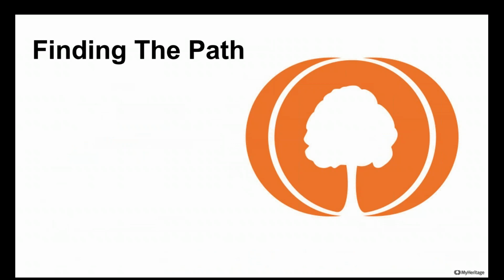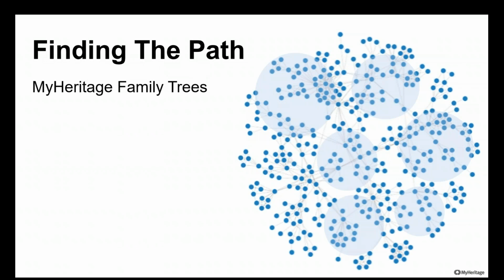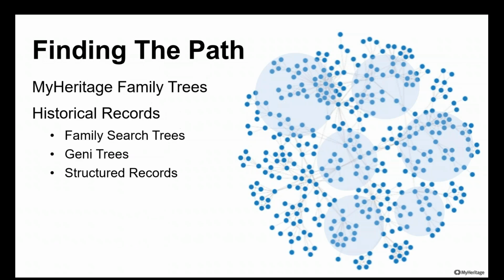How does it work? How does MyHeritage find the path between those two matches? Well, we take the big tree, all the trees that we have in MyHeritage, connected or not, and then we also take the historical records, as I mentioned before, and not only the regular records. On MyHeritage we have kind of two types of records.